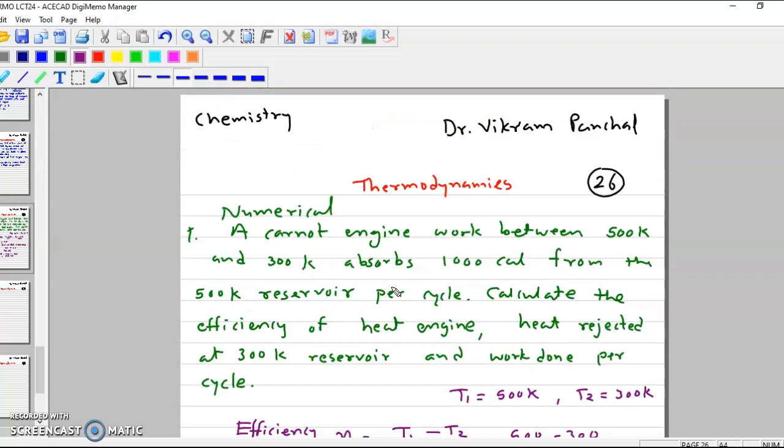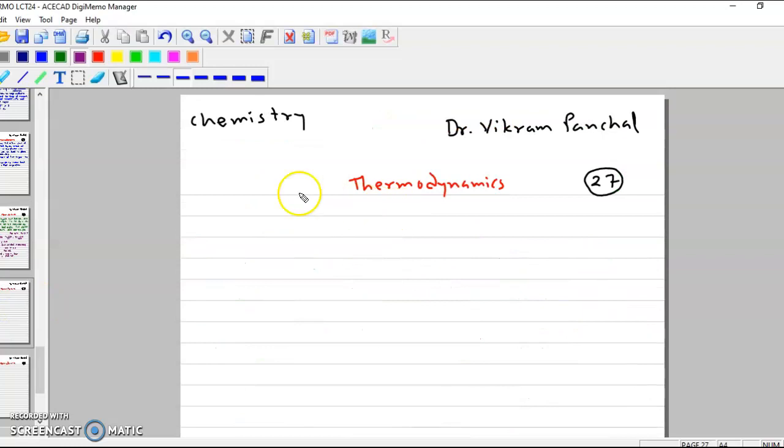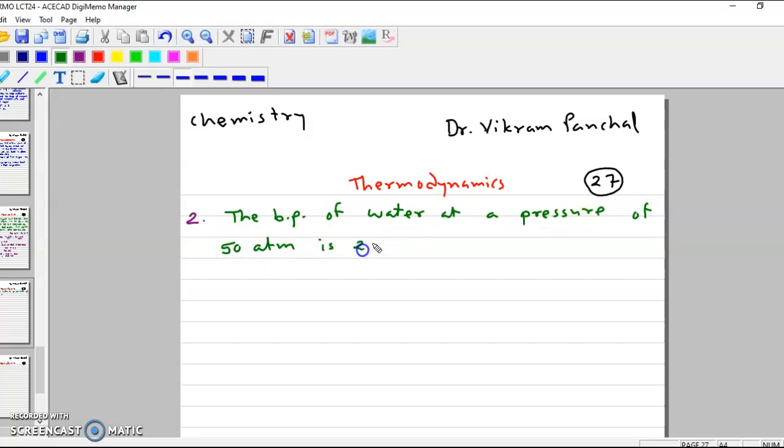Now the next numerical: the boiling point of water at a pressure of 50 atmosphere is 265 degrees Celsius.